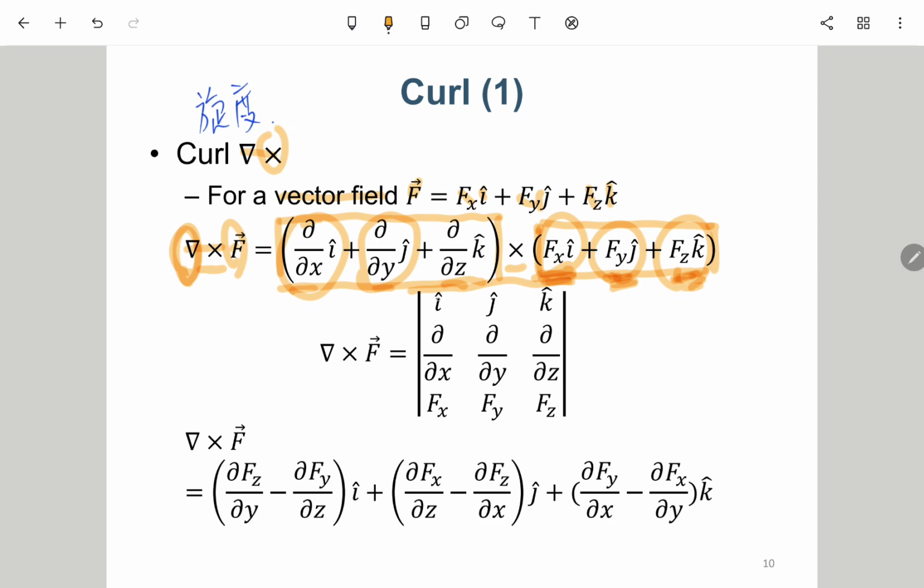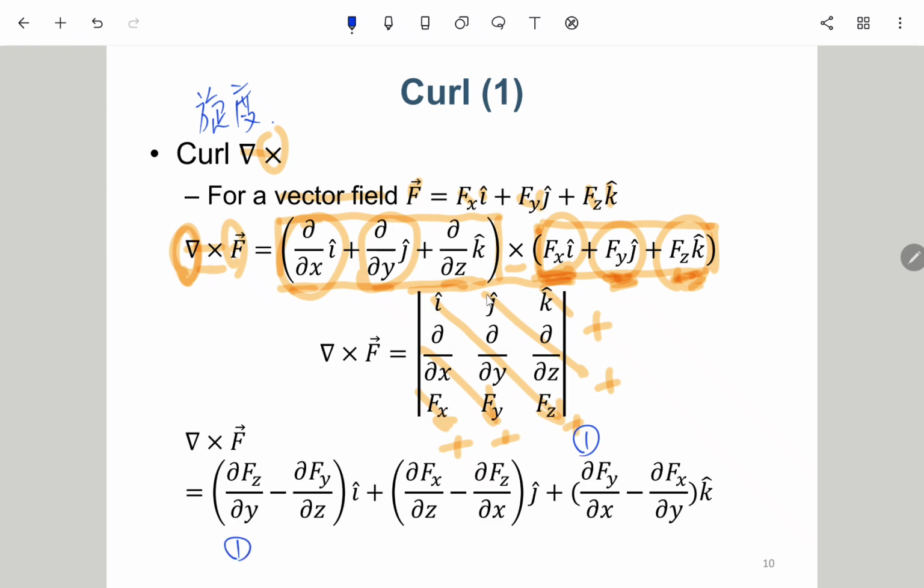Here, the idea is we try to draw lines like this, 1, 2, and 3, and they are positive, which means that we have i hat partial y fz, which is this term. So this is the first term.